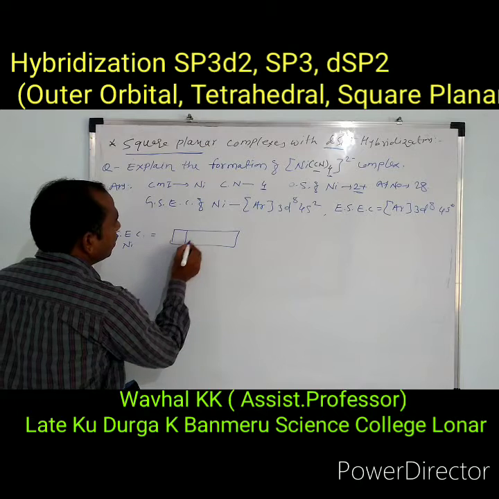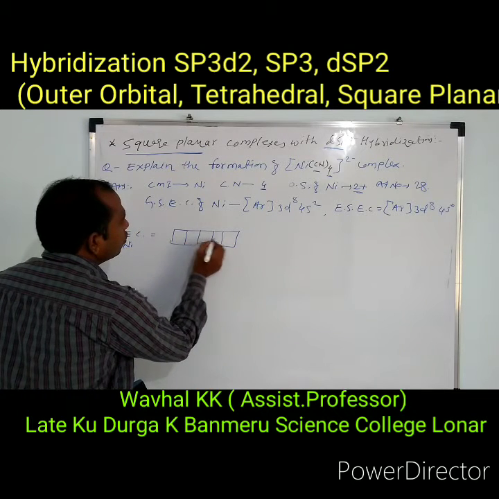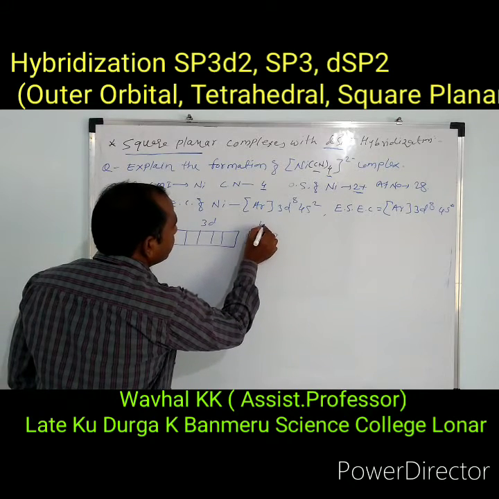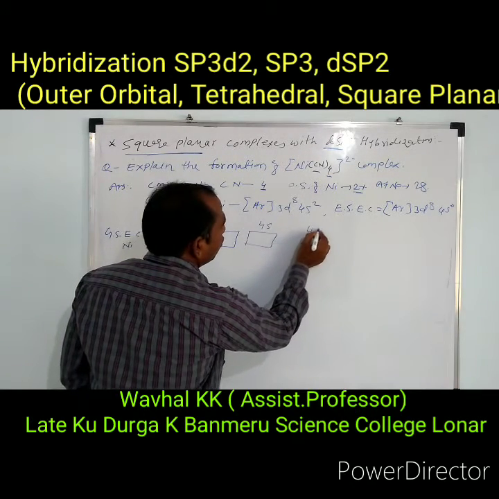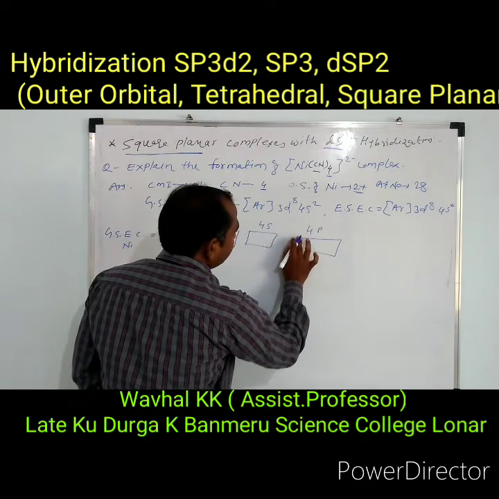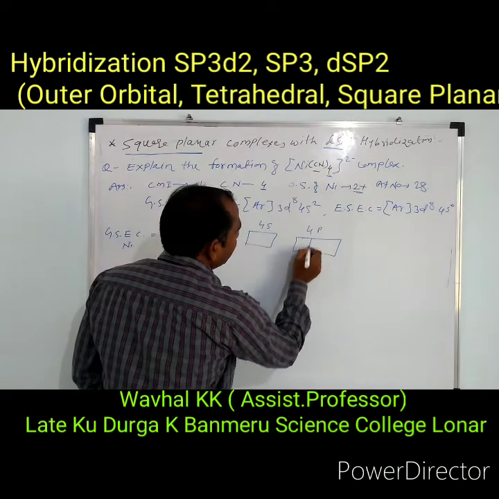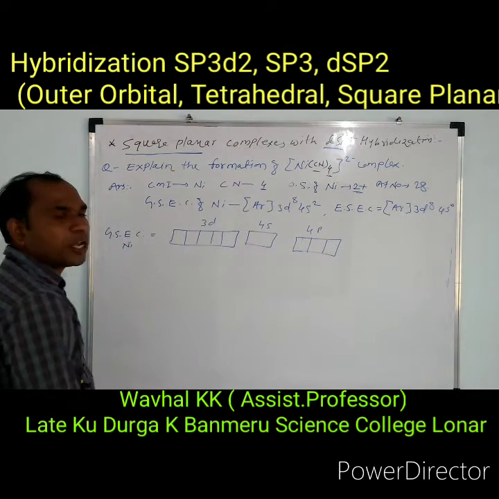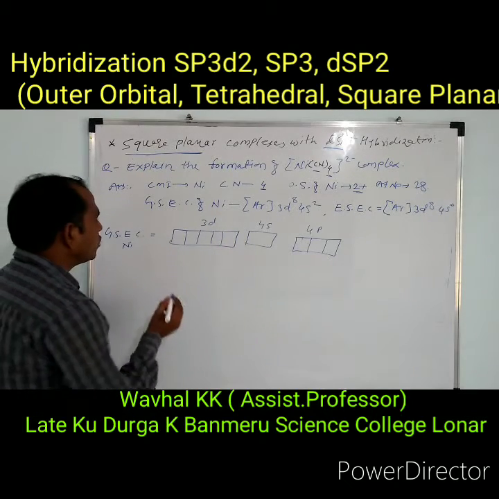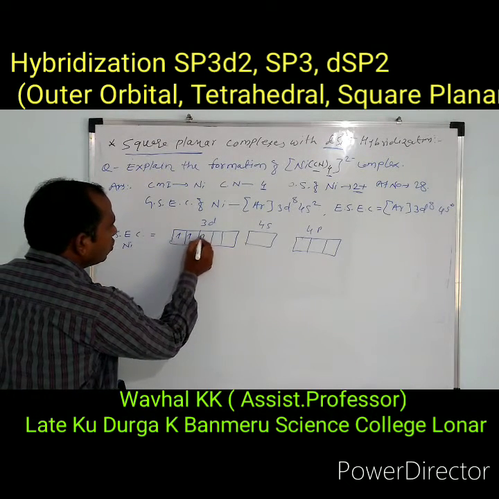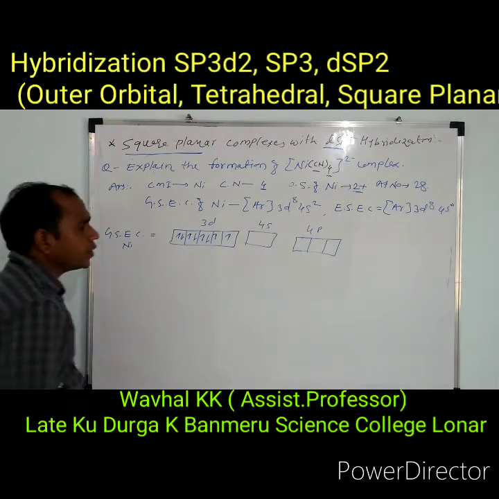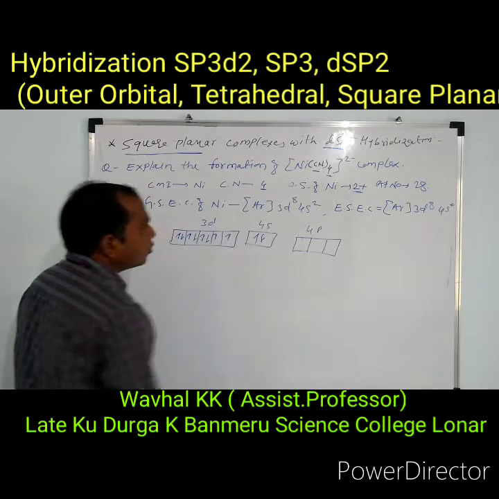This is the first d orbital, 1 2 3 4 5, the 3d orbitals, then the 4s and 4p atomic orbitals. For 3d8, according to Hund's rule, write down 1 2 3 4 5 6 7 8, then 3d8 4s2, 1 2.